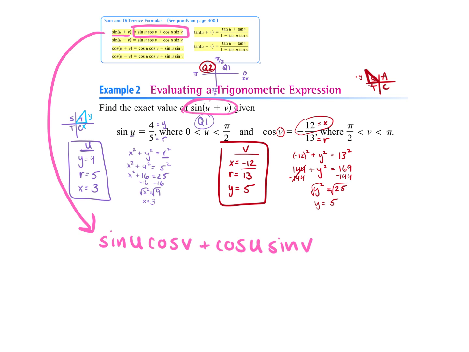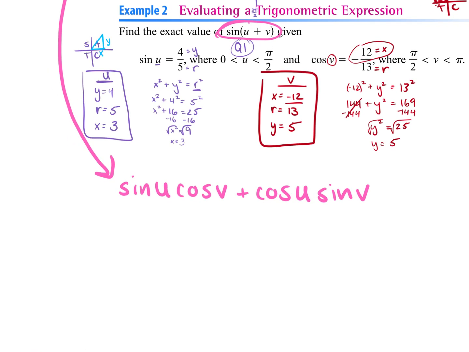From here, we're going to plug in. So sine of U, this tells us we're looking at triangle U. Sine is what over what? Y over R. So our Y over R would be 4 over 5.